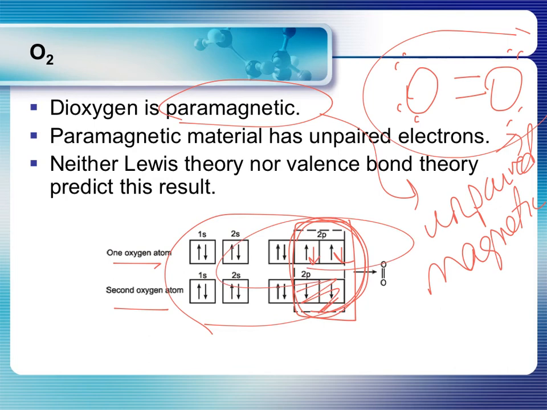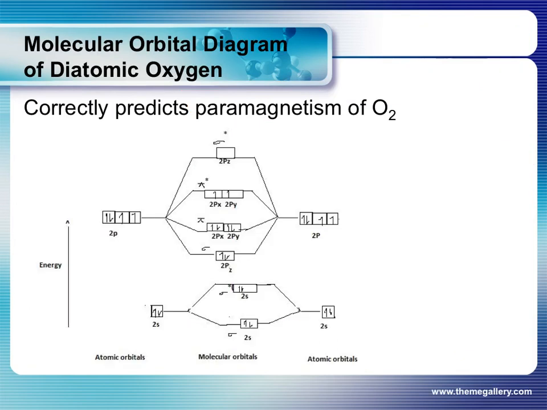So it looks like if you just look at simple combination of atomic orbitals, all of the electrons in O2 should be paired. That's not the case though. The properties of oxygen tell us that we have unpaired electrons someplace. So valence bond theory does not work with oxygen.